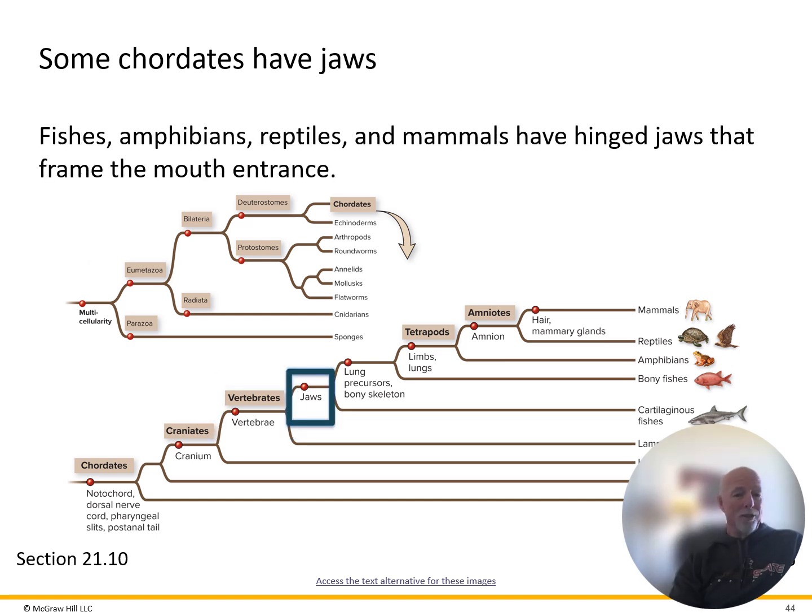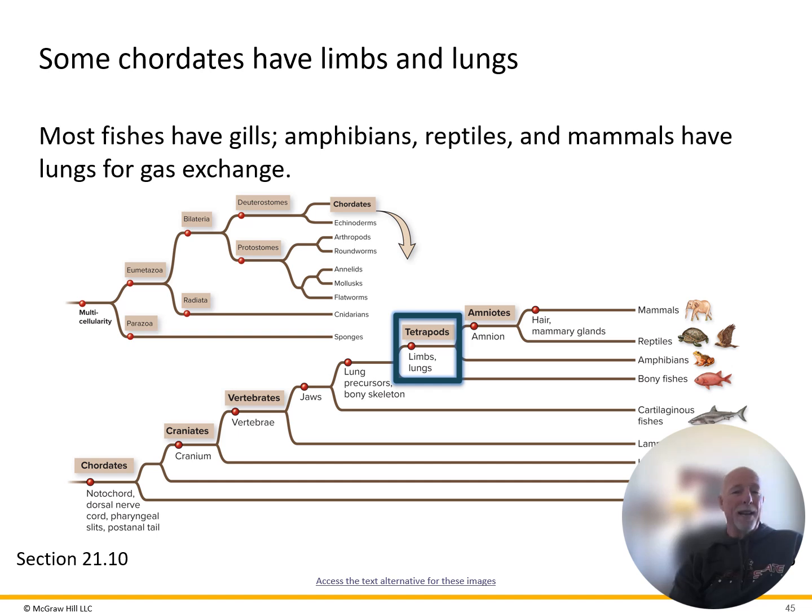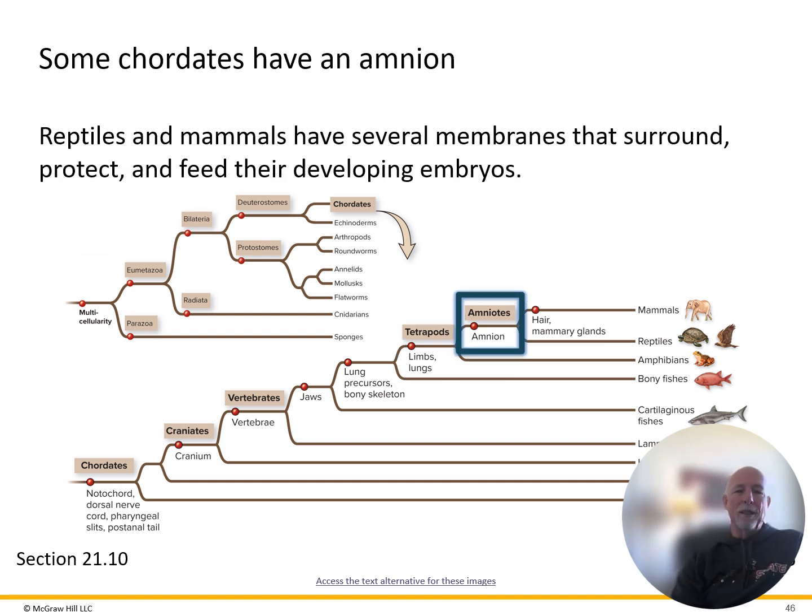And they have jaws, also very complex jaw structures. They have limbs. They have lungs for breathing. Some of them are a little primitive, like in the amphibians, but very well developed lungs in the other ones. They also have an embryonic sac that the embryo develops in. Sometimes that's encased in an egg.